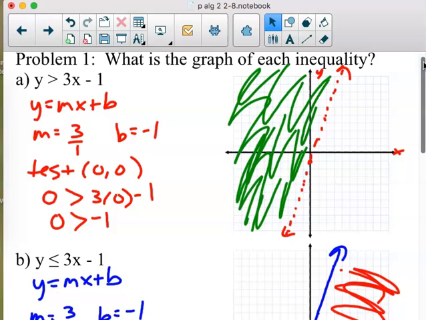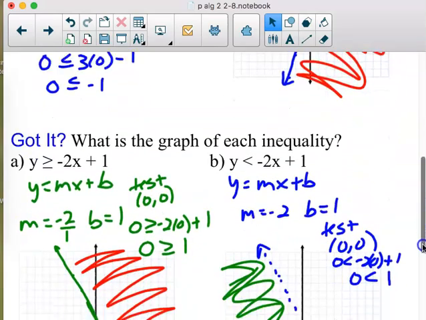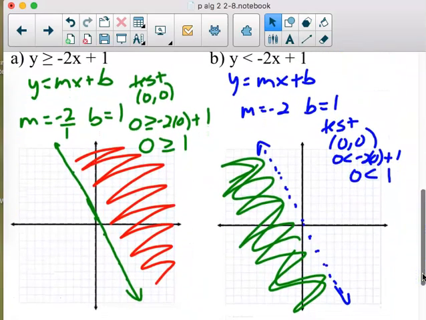So this one said greater than, and we shaded here. That one said less than, so we shaded here. This one said greater than, so we shaded here. And this one said less than, so we shaded here. I think we're supposed to notice something about those heres. Did you notice, Amos? What's going on?